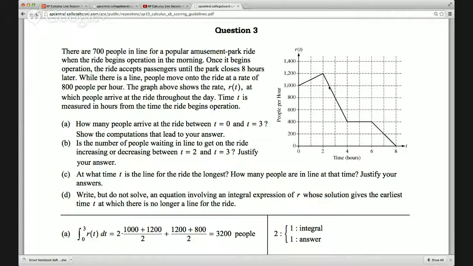It looks like 2.5, but I don't know if I can go with that. All right. Let me look at what they did. Maybe there's a reason for why they did what they did. They added 1,000 plus 1,200.